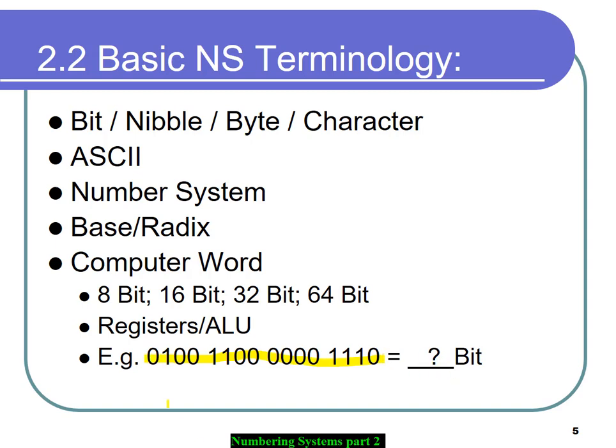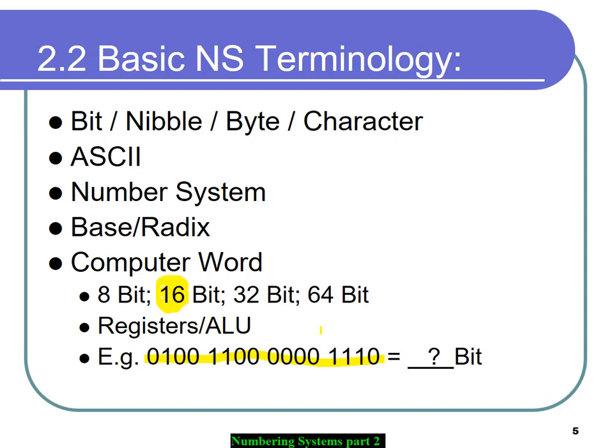So if you count, this is what? 1, 2, 3, 4, 5, 6. Is that 6? No, it's not 6, because you have to add everything. So it's 1, 2, 3, 4, 5, 6, 7, 8, 9, 10, 11, 12, 13, 14, 15, 16. That is 16 bits.